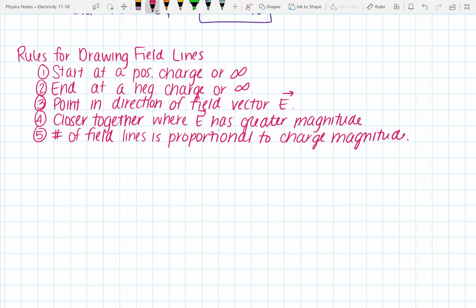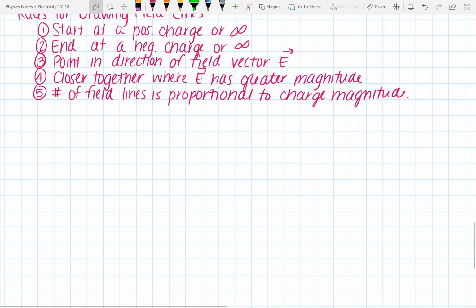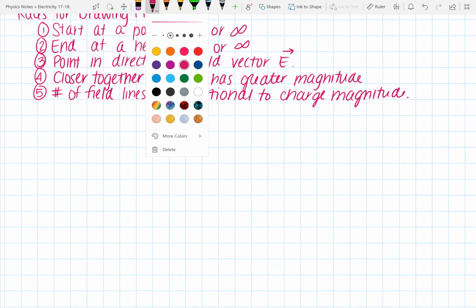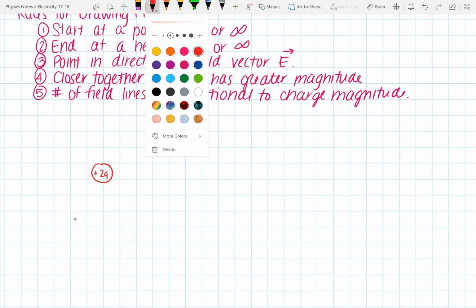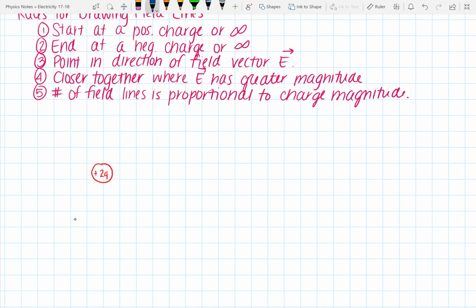So, if I want to draw, I'm going to make my positives and negatives different colors because I think it makes it a little easier. So if I have a charge that is plus 2q and another charge that is simply minus q, the plus 2q should have twice as many lines coming out of it as the negative q.